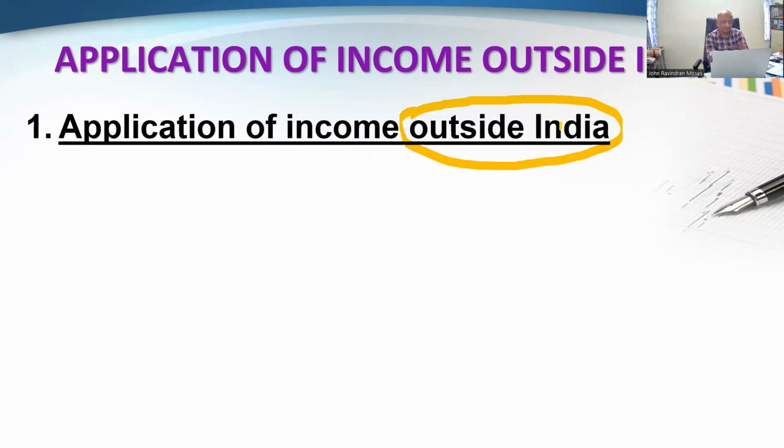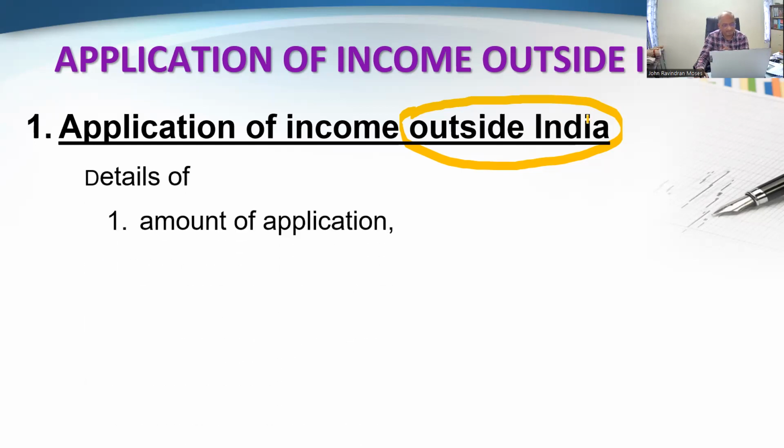In which case, you need to take approval from the Central Board of Direct Taxes, CBDT, and then you can go and spend money outside India. That will be application. Without the government's approval, any money you spend outside India will be income. It will not be application outside India.